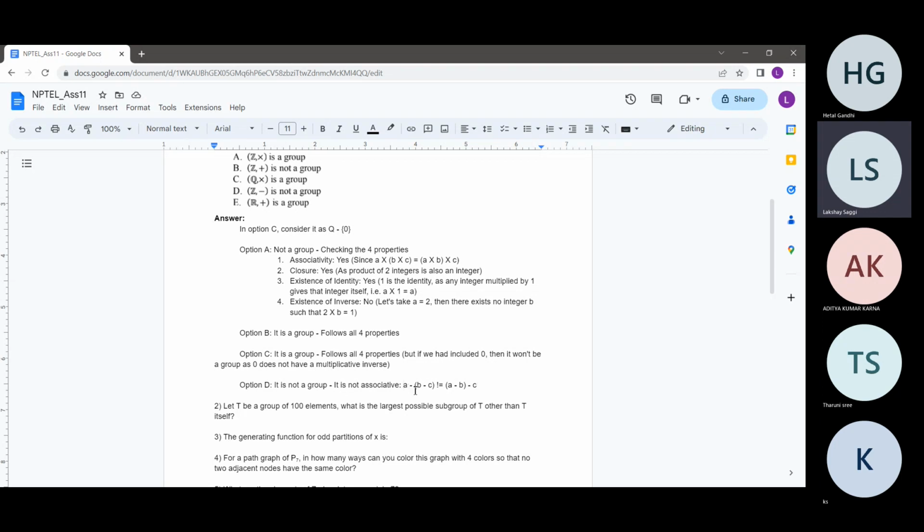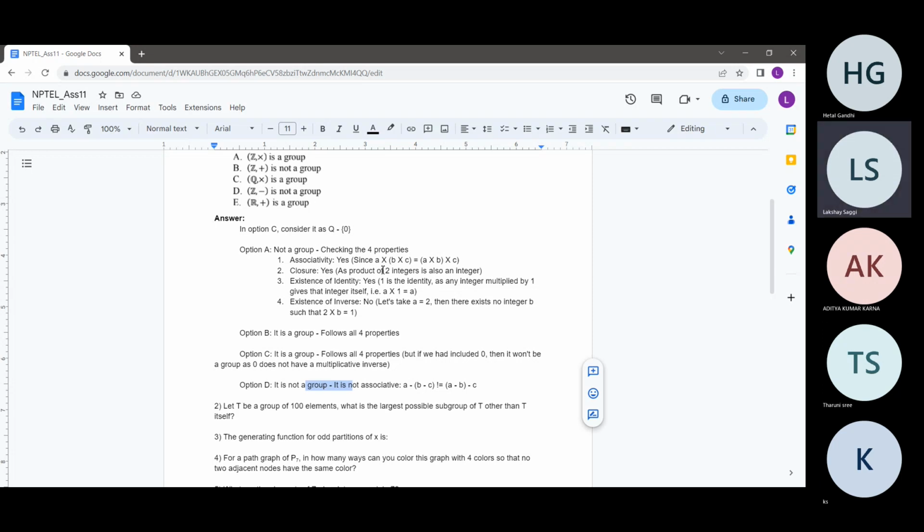So suppose we subtract c from b first. So this will be equal to, after opening the brackets, a minus b plus c. But the right hand side will be equal to a minus b minus c only. So that's why this is not associative, and which is why this is not a group.